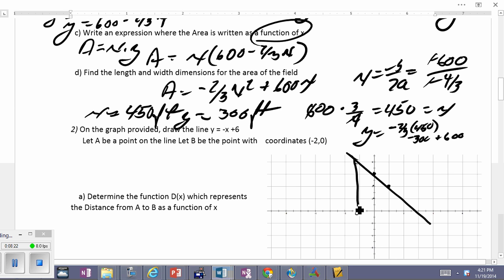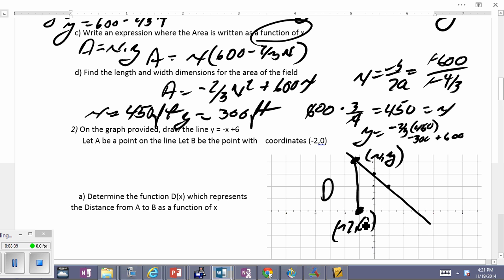So I want to compute, it says I want to find the shortest distance, D, from a point here, and that point is x comma y, to the point here, which is negative 2, 0. Okay?